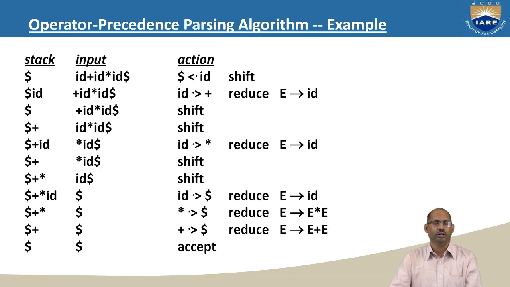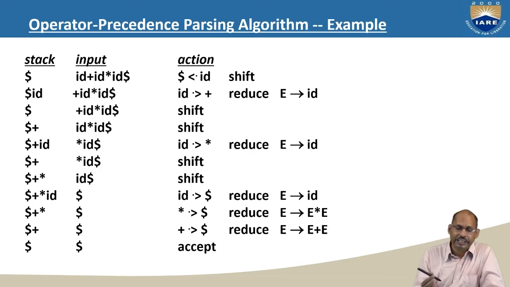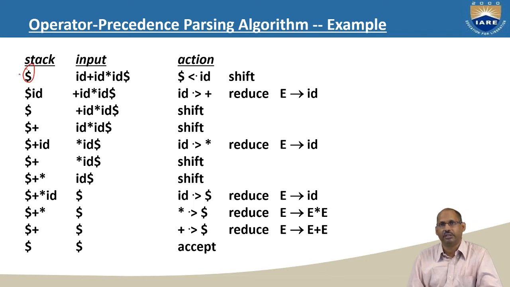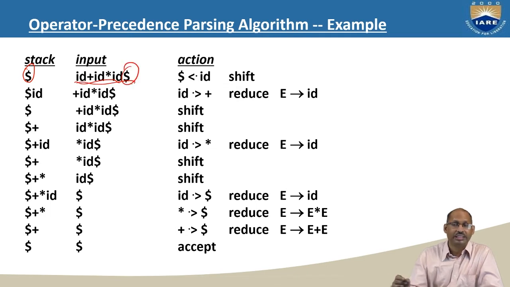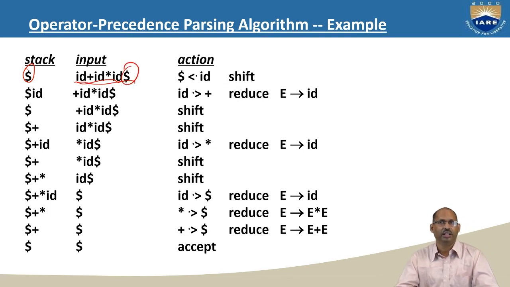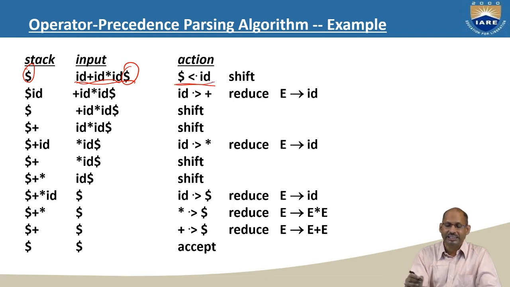Now, initially the stack has the dollar sign and the input ends with the dollar sign. Then what is the relation? Stack is less than input, so simply perform shift.